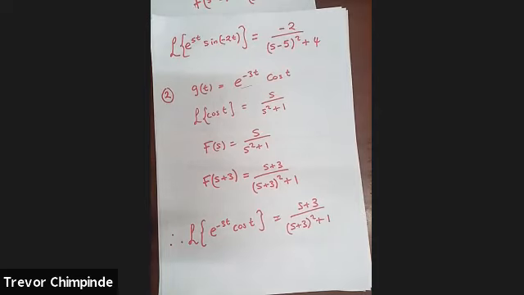Any questions on this example? Yes, is it possible, I don't know if this will make sense, to separate the exponential and the trigonometric function, the e and the cos, and have them separate?